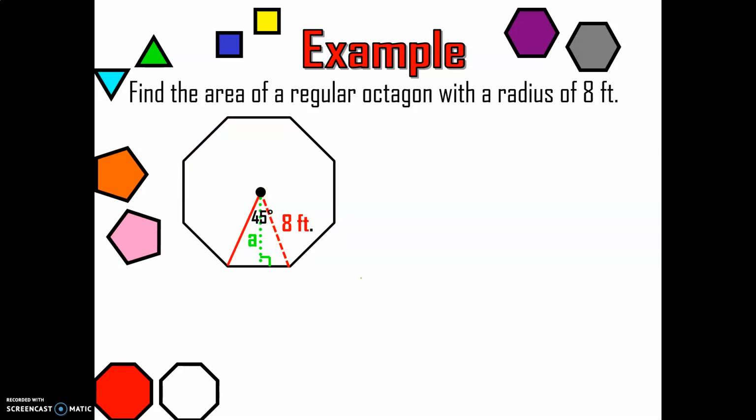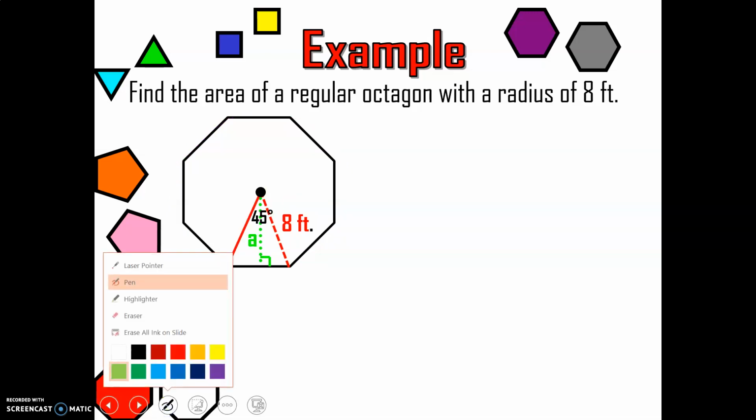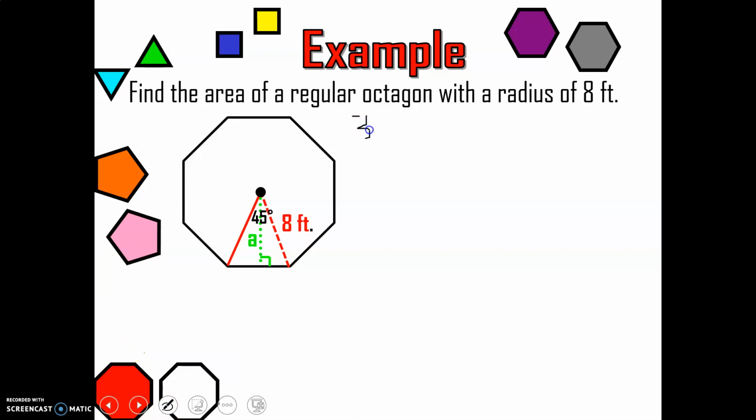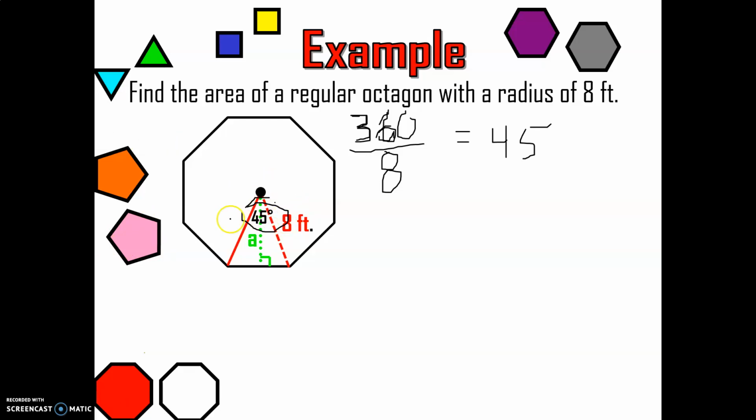So just like yesterday, we're going to start off by taking 360 divided by the number of sides, divided by the 8 sides here, and that's going to give us 45, and that gives us the central angle right in there. Now after we get that central angle, it's the angle of that isosceles triangle.